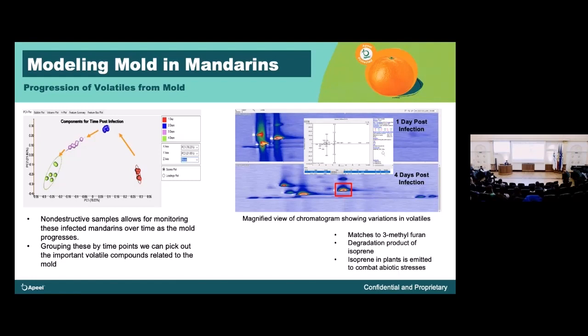When we look at this, it's maybe a potential degradation product of isoprene. Isoprene in plants is emitted to combat abiotic stress, and so it really leads us to, okay, we are along the right track here, and we really see this start to increase over time.